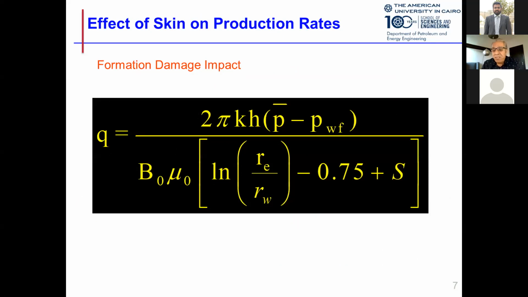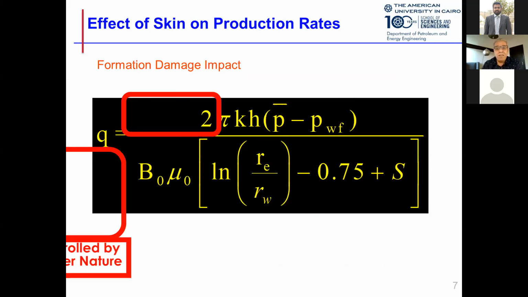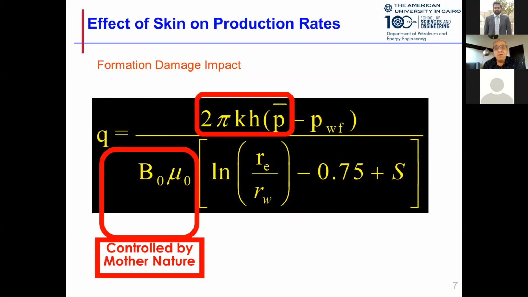Now, as engineers, we always love to deal with numbers. The main equation utilized in reservoir engineering and production engineering is called Darcy's equation, and it has some variables controlled by nature. We cannot change them. As you can see in this equation, on the left-hand side we have Q, which stands for oil flow rate.